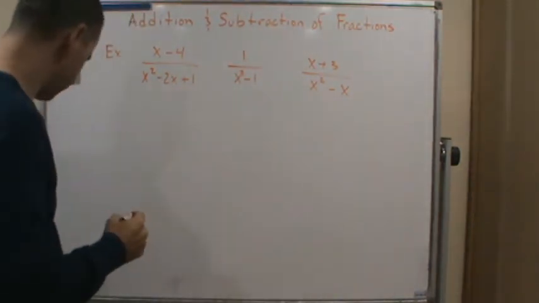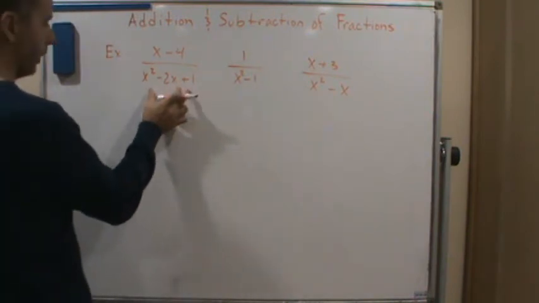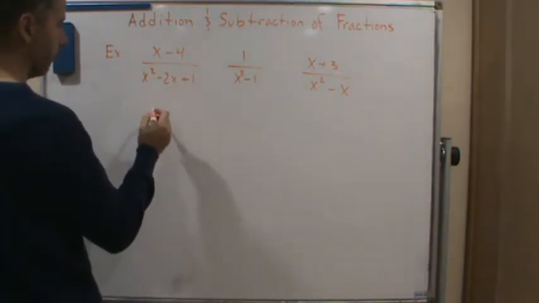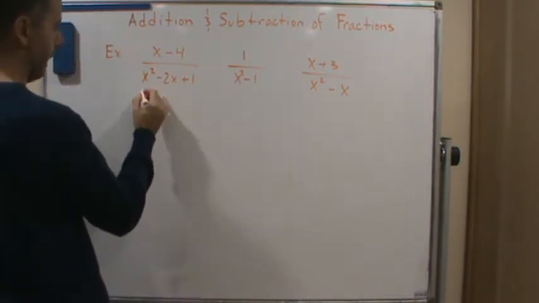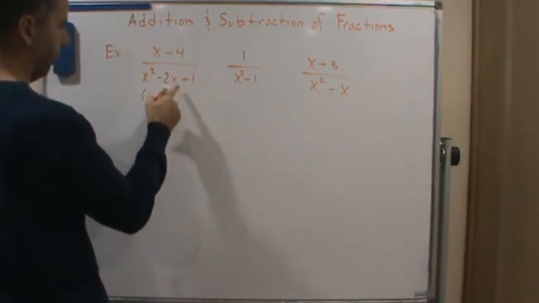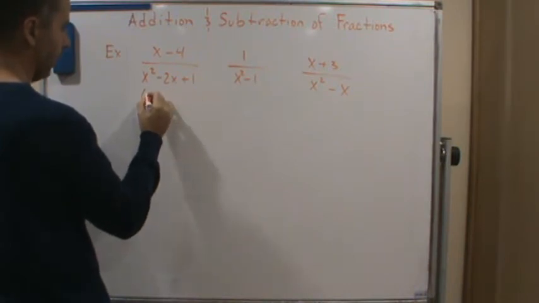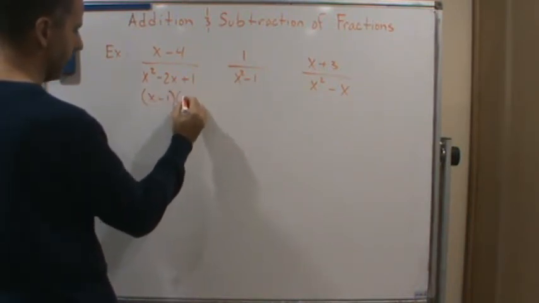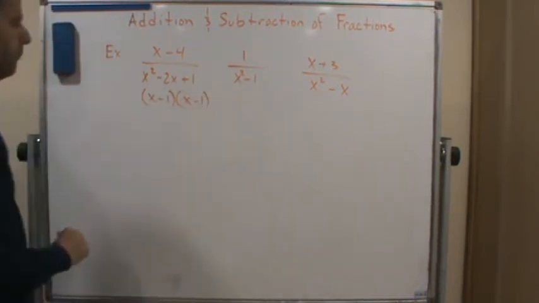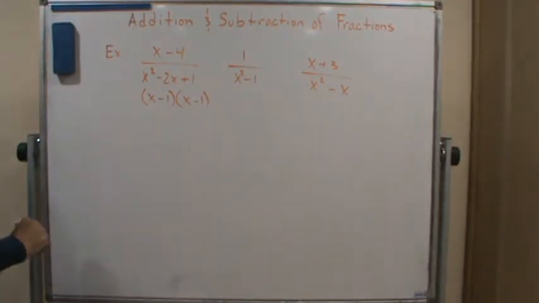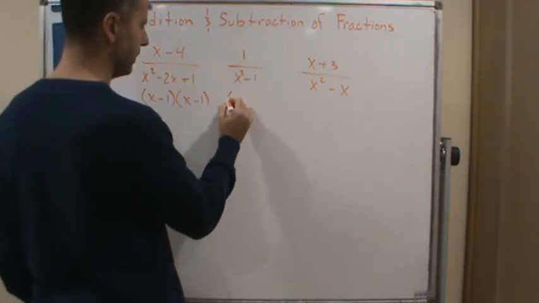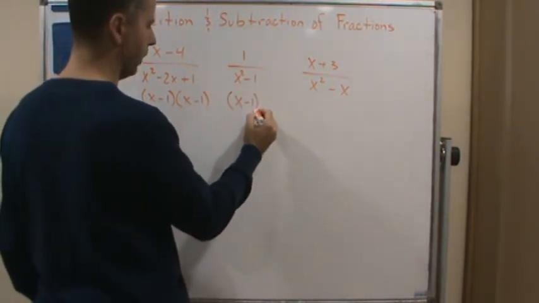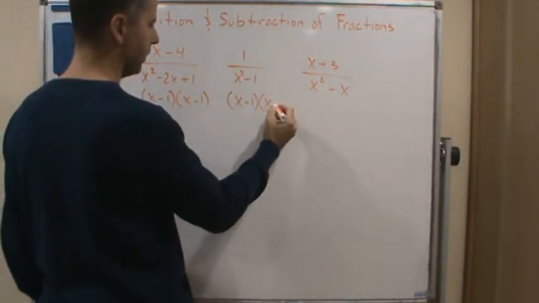Okay? So in this case, we want to factor this one. How? Well, this one is going to factor into x minus 1 times x minus 1. Oh, and this is the difference of two squares, so that means this is going to factor into x minus 1 times x plus 1.